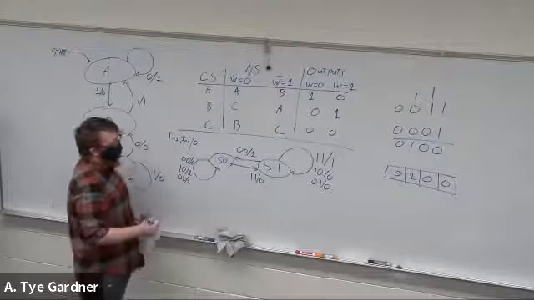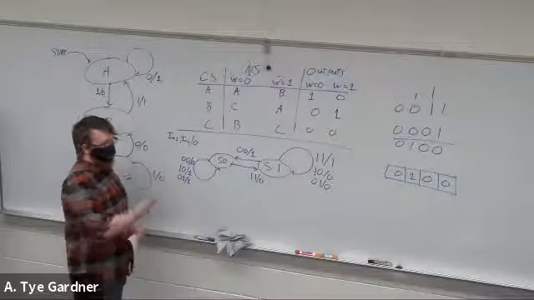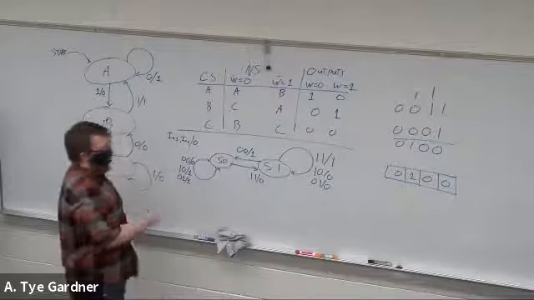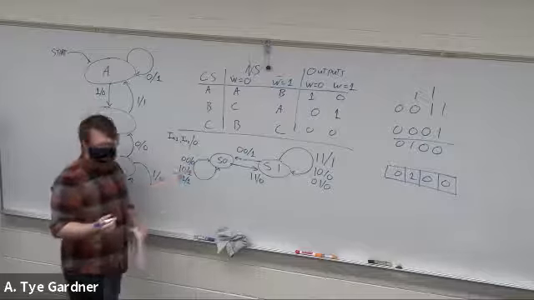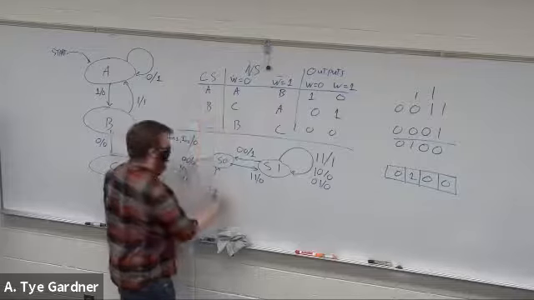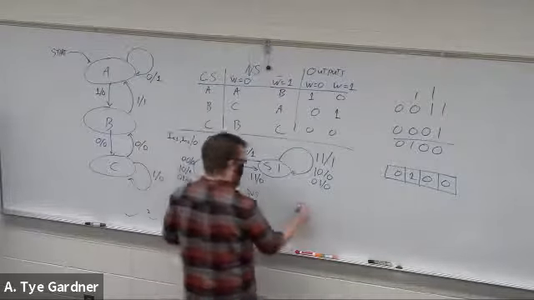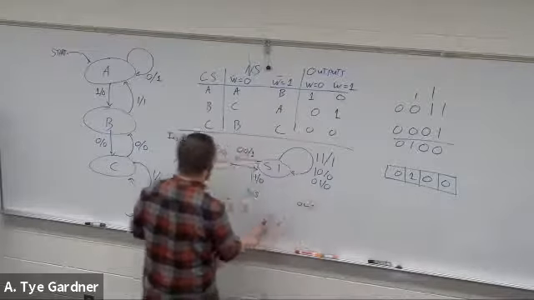Okay, and then we can go ahead and make a state table out of this. This only has two states, so it's easy. Same kind of idea. It has a current state, a next state, and an out.